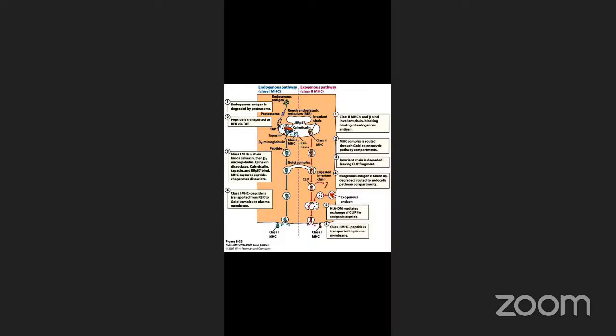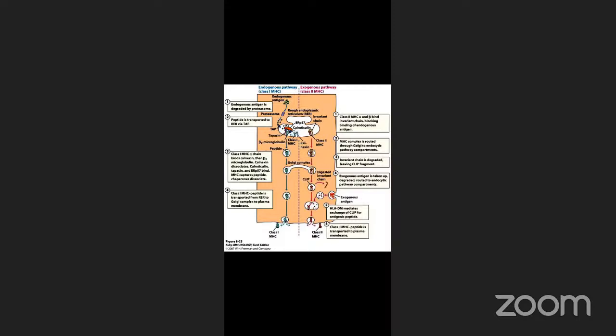First, we go through the endogenous pathway. The endogenous antigen is degraded by the proteasome. The proteasome degrades the endogenous antigen, and the peptide is transported to the rough endoplasmic reticulum via TAP.